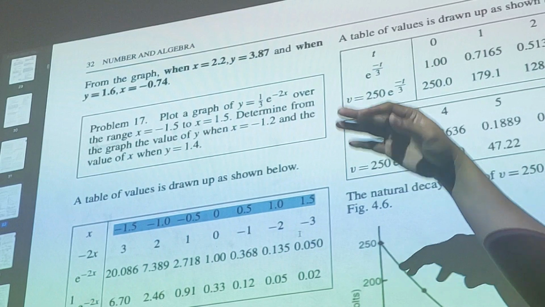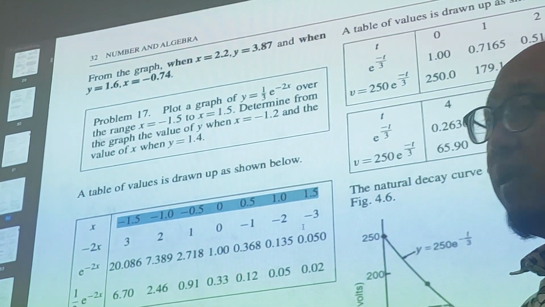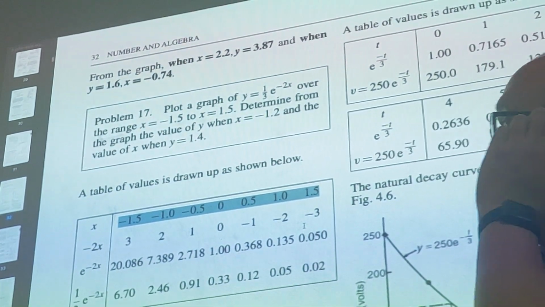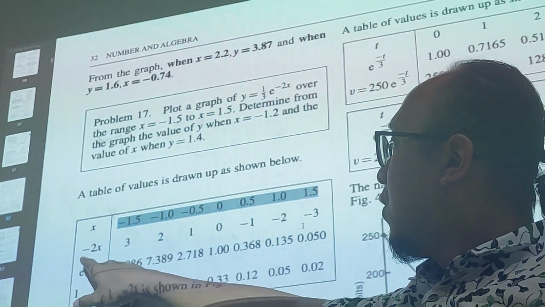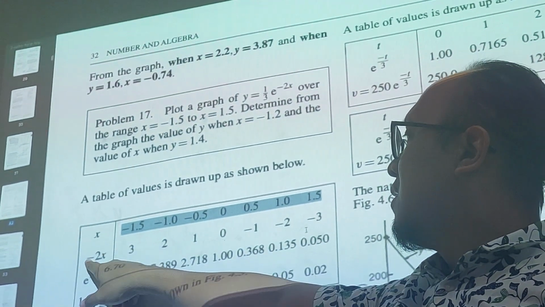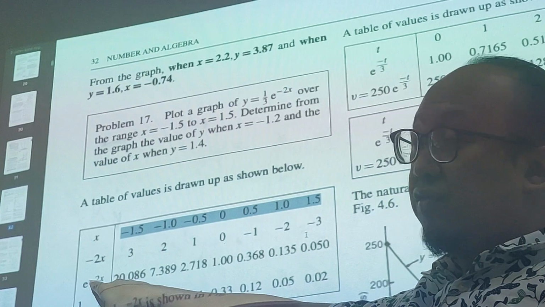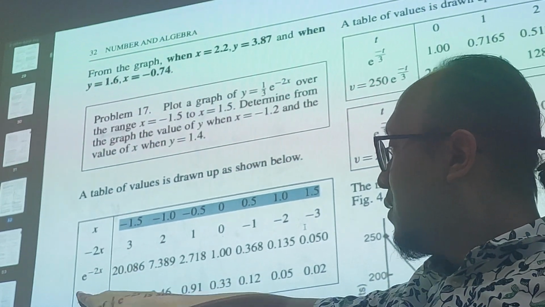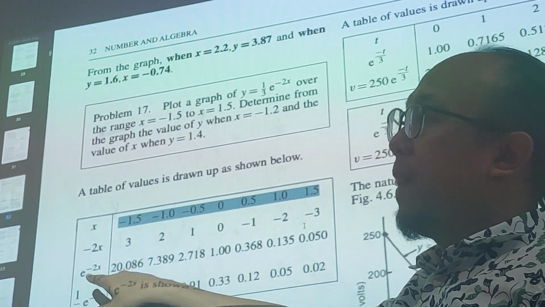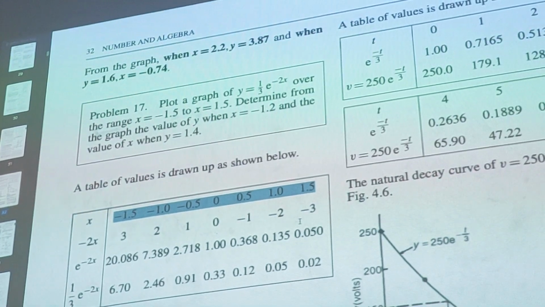And using the same way as for the basic power series, you can get all the results for a to the power of minus 2x and 1/3 a to the power of minus 2x.